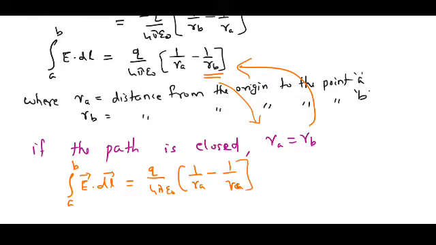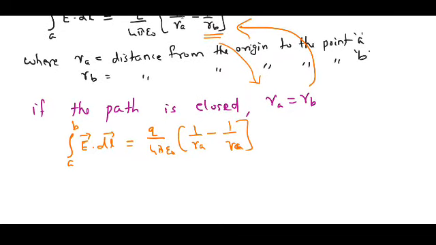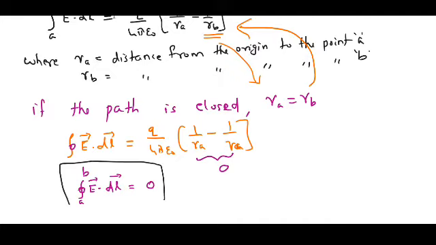Then this term obviously goes to 0. Here I committed a mistake. This should be the closed line integral. The closed line integral of E dot dl is equal to 0. That is, the line integral of the electric field around a closed loop is 0.